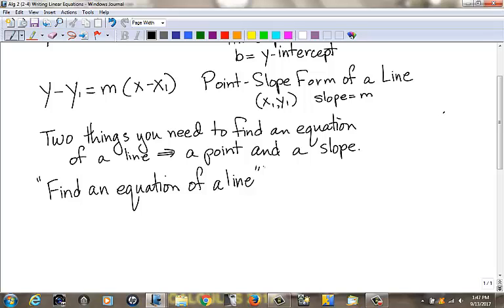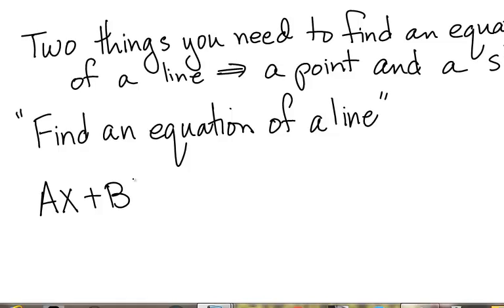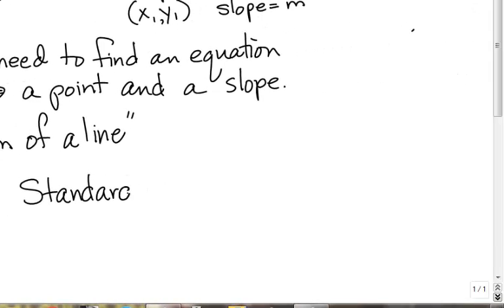We also had the other day standard form of a line, ax plus by equals c. That one was called standard form of a line. And remember, in that form, a, b, and c cannot be fractions.